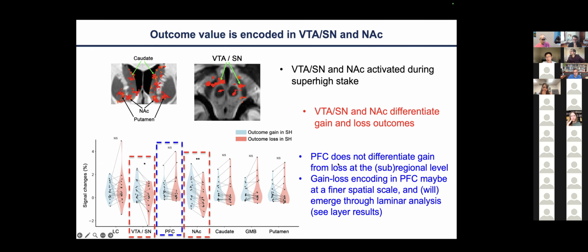It could process the outcome signal, but couldn't differentiate gain versus loss. And we think gain-loss encoding in prefrontal may be at a finer spatial scale, not at the regional level. But later I will show you it will emerge through the laminar analysis.